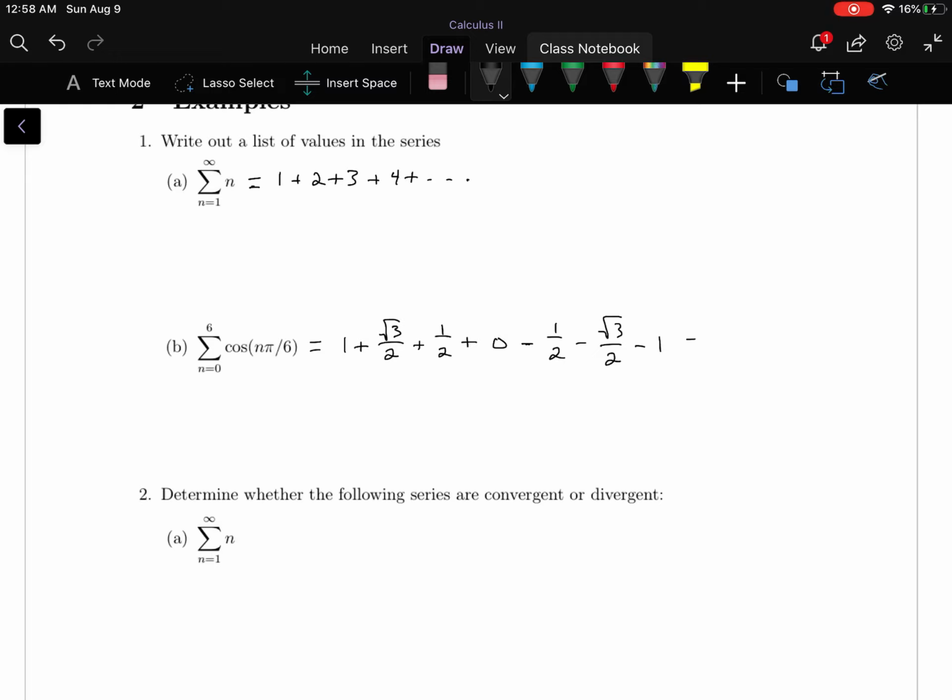Those are all the terms, which you could visually inspect and recognize that you are adding and subtracting the same values, and that this sum is 0.